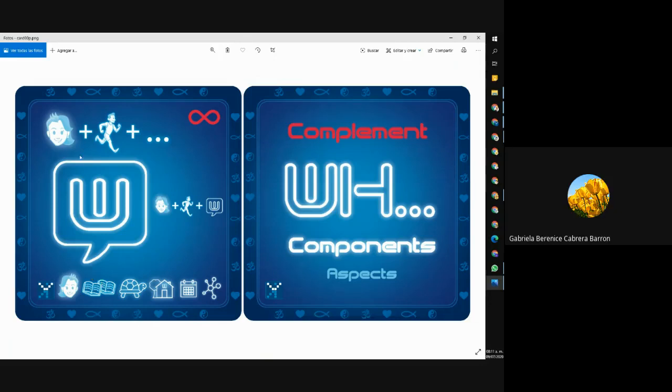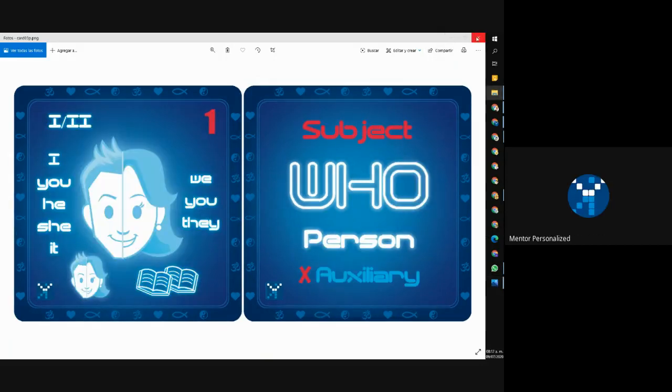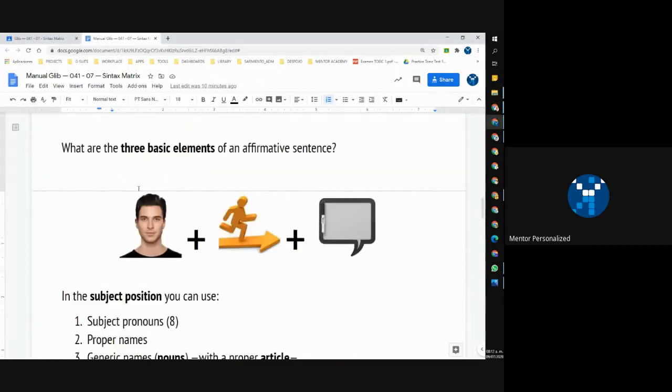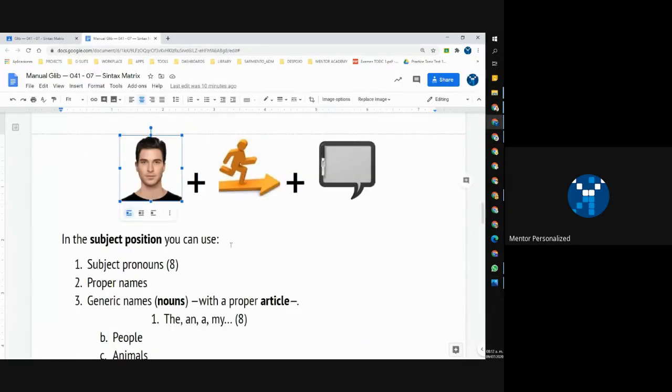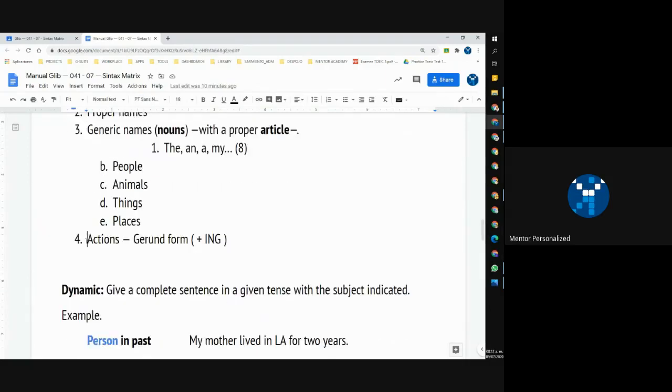My car is white. Very good. My car is an object. My car is complement white. You see? So the subject is not always a person. We have always seen it represented as a person, but it's not always a person, okay? And finally, something very curious is that you can also have an action.